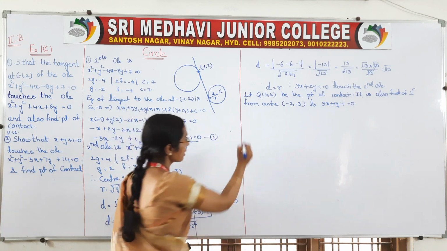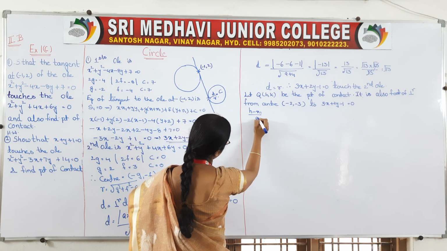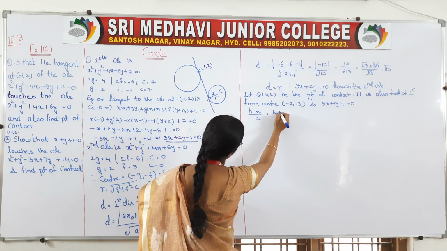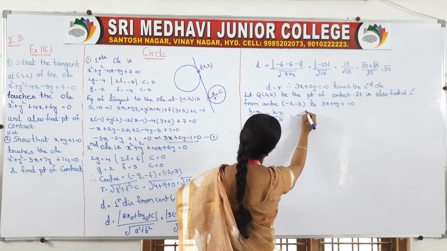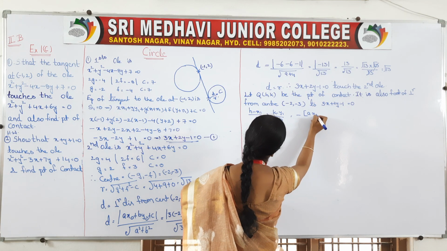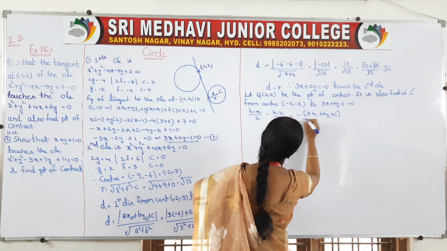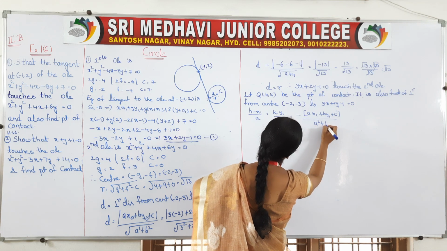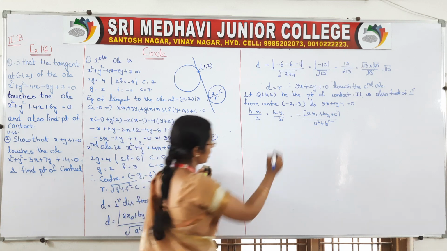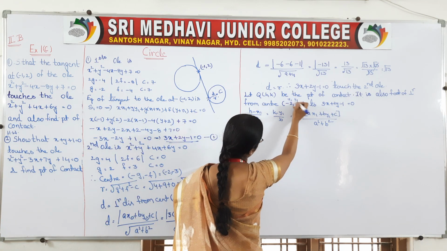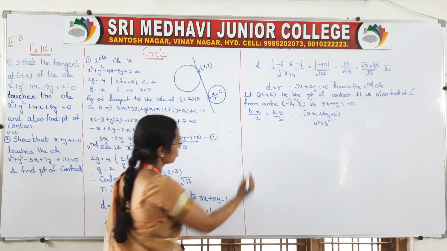So whenever it is like that, by our theorem, (h - x1)/a = (k - y1)/b = -(ax1 + by1 + c)/(a² + b²). Okay, so here your (x1, y1) is this one. This is your ax + by + c = 0.